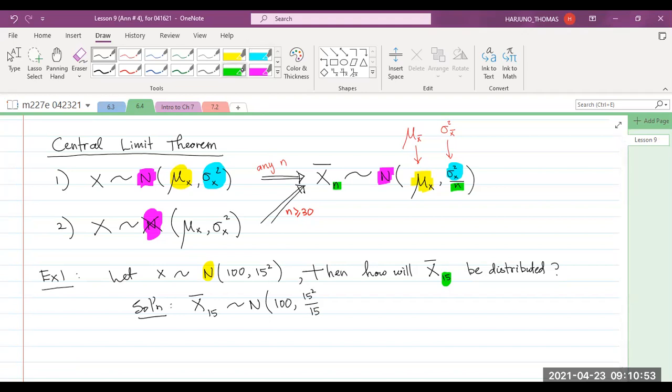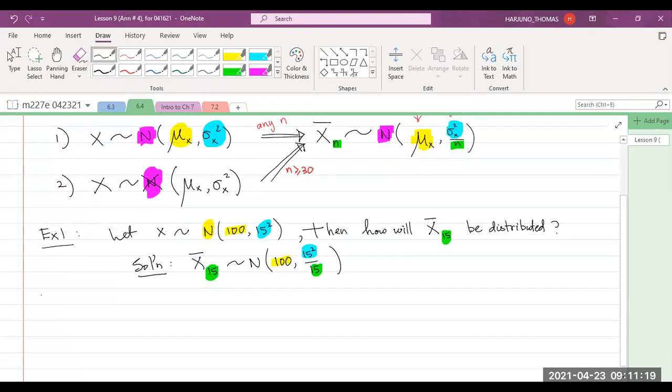So they happen to be just the same 15. The mean comes from here. The variance comes from here divided by that sample size. That's it, that's simple.